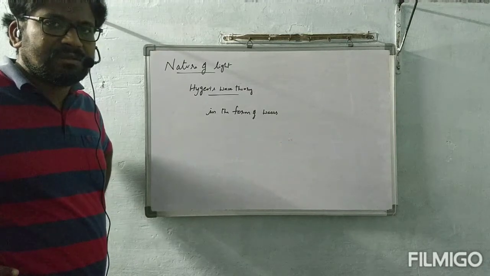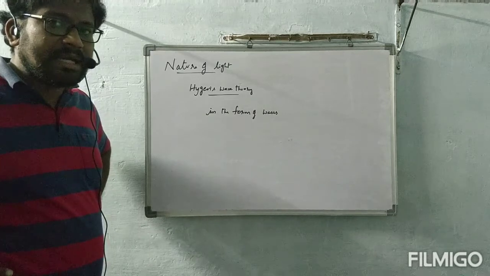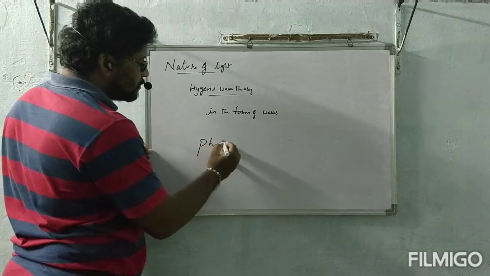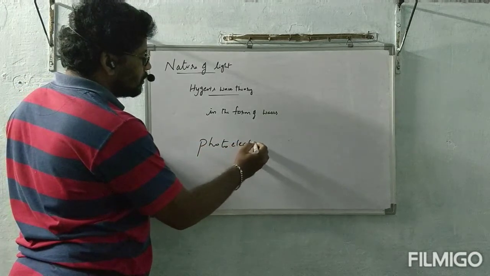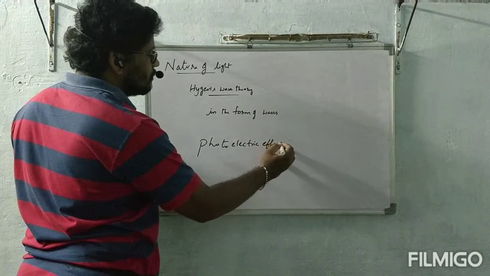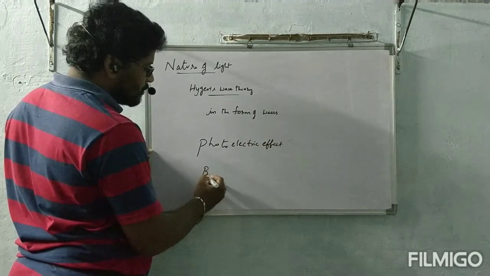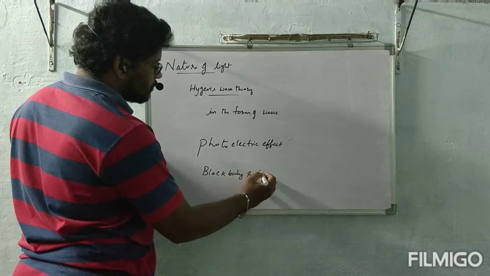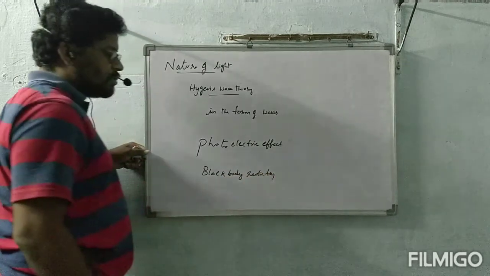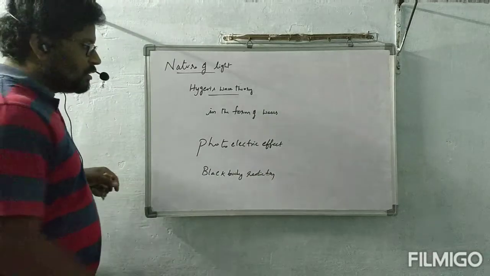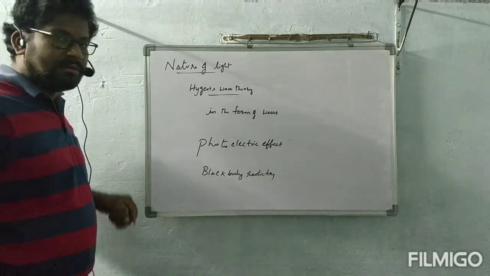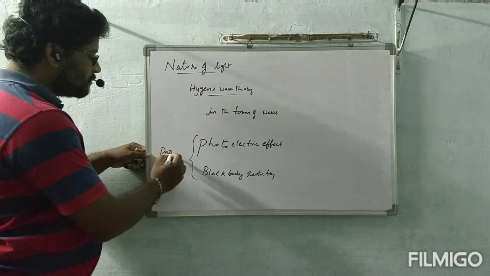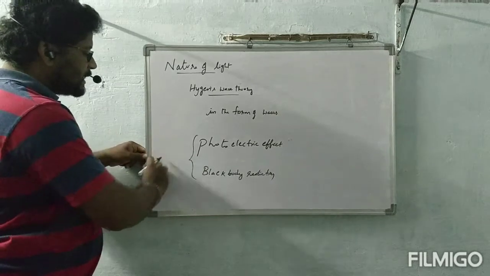But the main particle nature properties are the photoelectric effect and black body radiation. Photoelectric effect and black body radiation were not explained by Huygens wave theory because these two are particle nature properties.